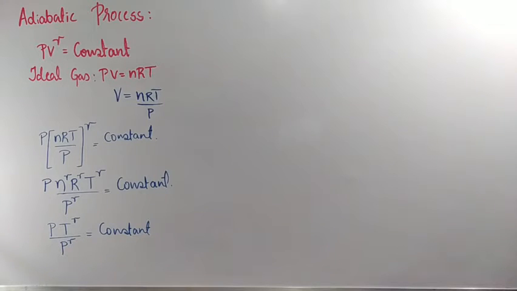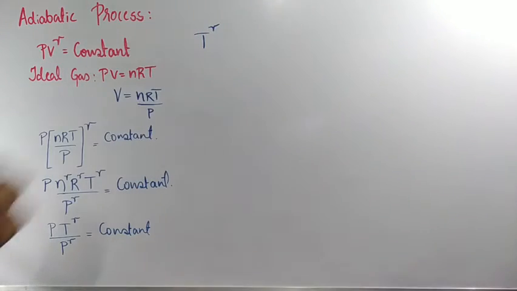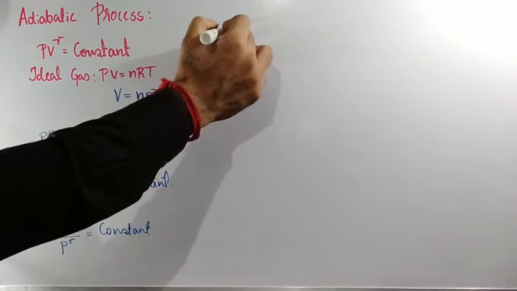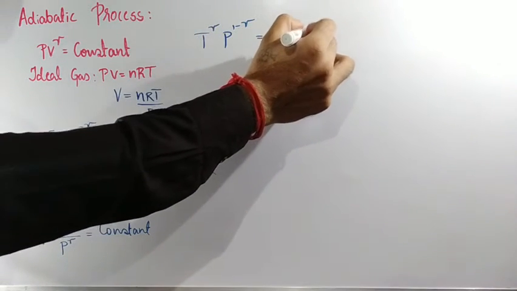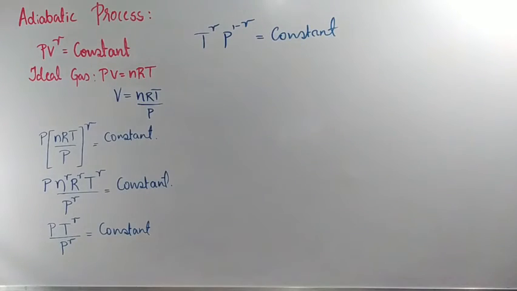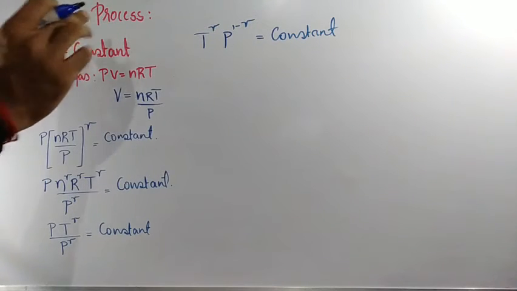So by rearranging the terms, I can write it as T power gamma, P power 1 minus gamma is equal to constant.